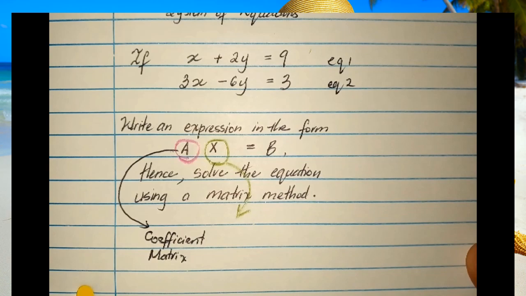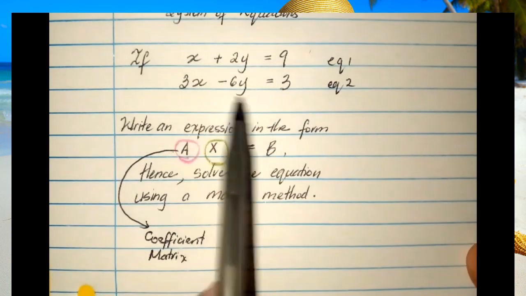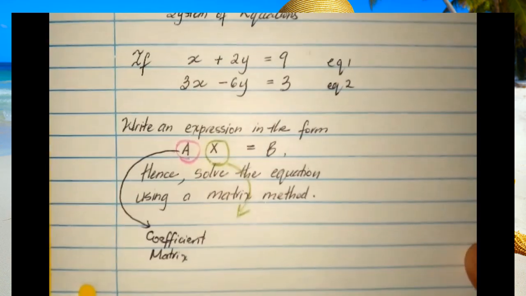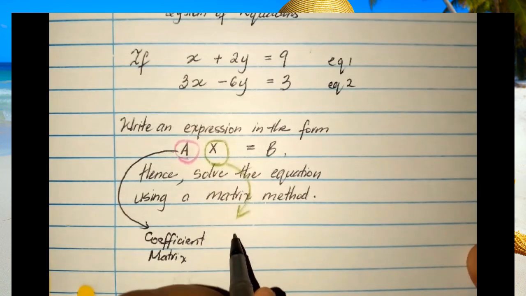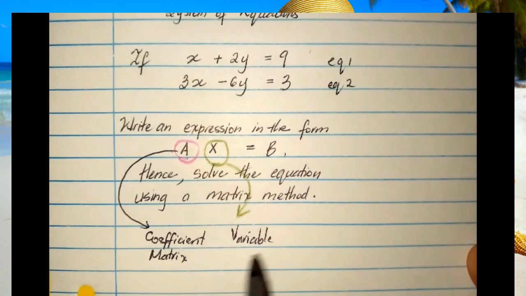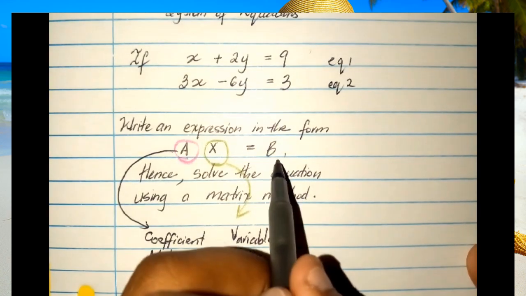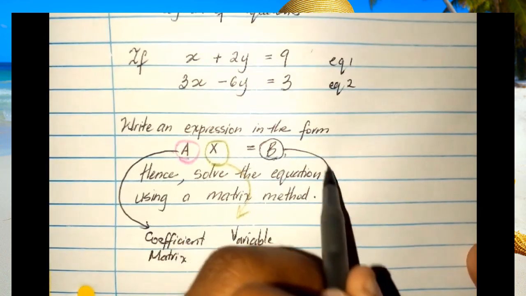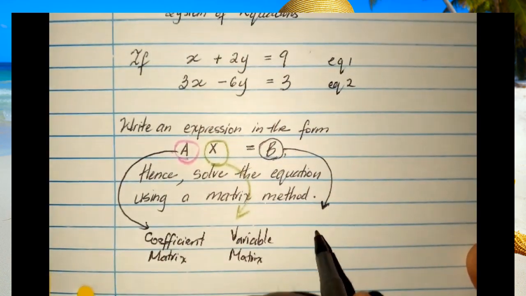The only variables that we're seeing in this system are X and Y. So X is going to be our variable matrix. And B is going to be our constant matrix.